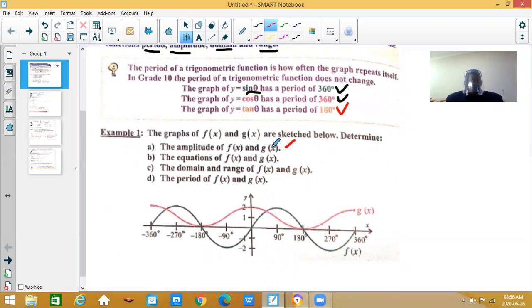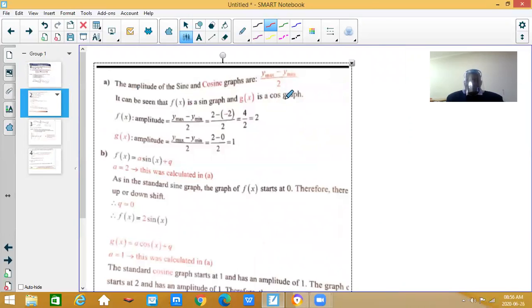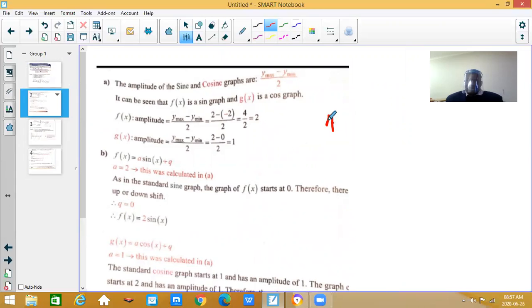Now, when we are looking at the amplitude, we are going to start off with the amplitude of f. There is a formula that we use. Take note of that. When we want to find the amplitude, I am going to use AMP for amplitude.